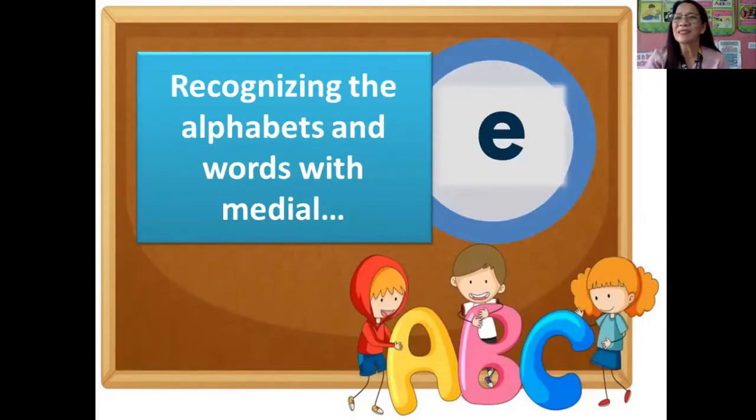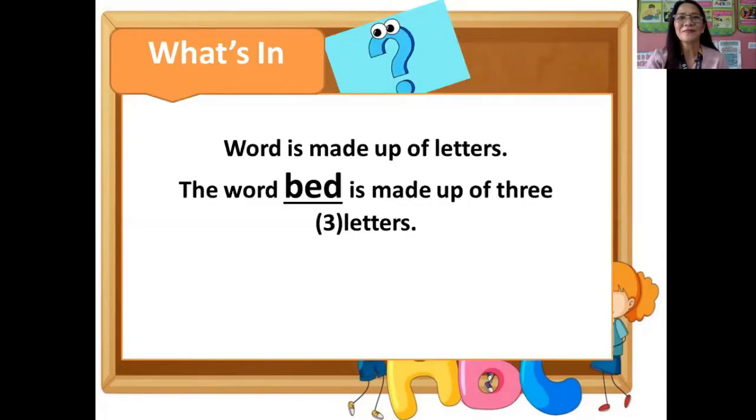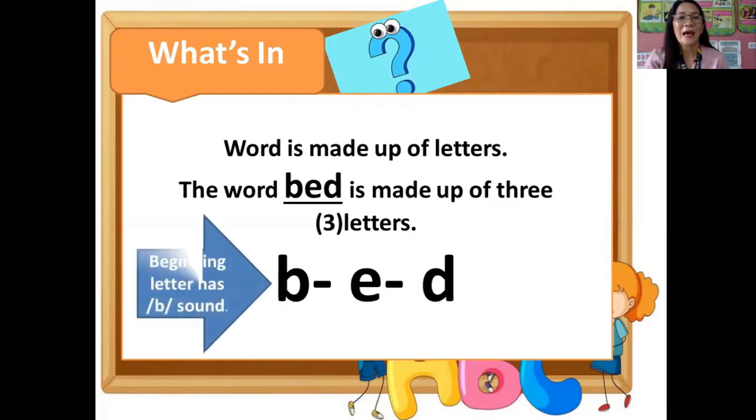Recognizing the alphabets and words with medial E. A word is made up of letters. The word bed is made up of 3 letters. These are B, E, and D. B is the beginning letter and has the B sound.